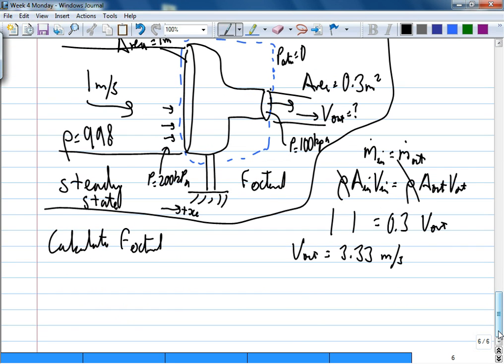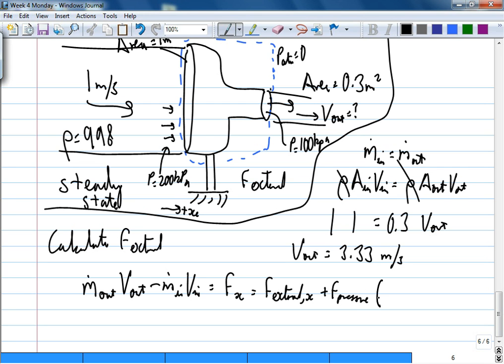So in this case, M dot out V out minus M dot in V in is equal to the sum of forces in the X direction, which is equal to F external, X component, plus F pressure, plus F viscous, which is 0 because there are no viscous forces acting on our control volume, plus F gravity.